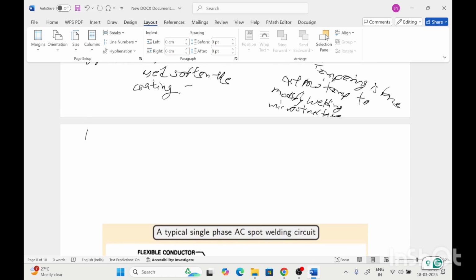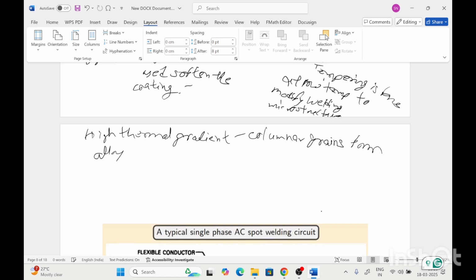At high temperature thermal gradients, columnar grains form, and also the alloying elements segregate at the welding interface.